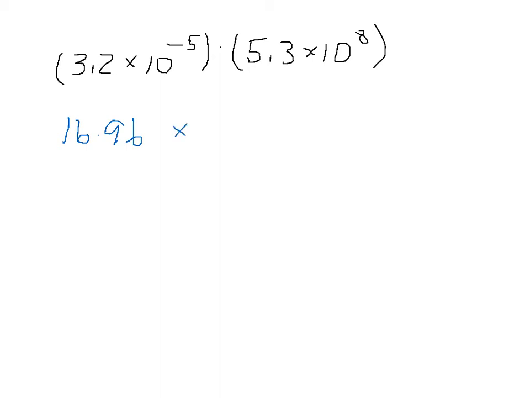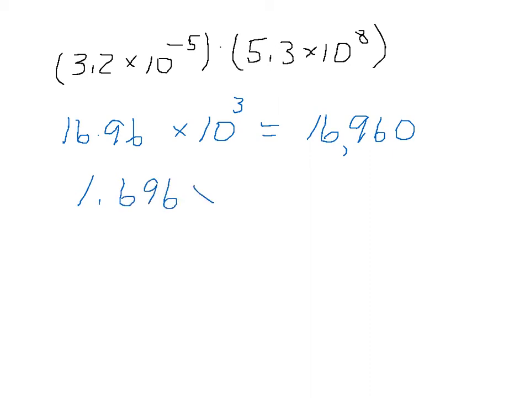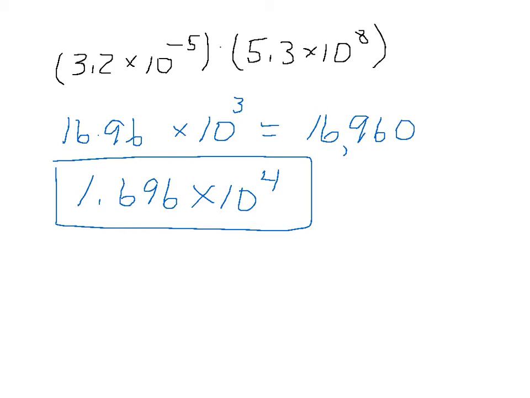And then I use my rules of exponents, and 10 to the minus 5 times 10 to the 8th, I add the exponents, and I get 10 cubed. So this number is 16,960. And if I write that in scientific notation, it's going to be 1.696 times 10 to the 4th. All right, so there's an example with multiplication.